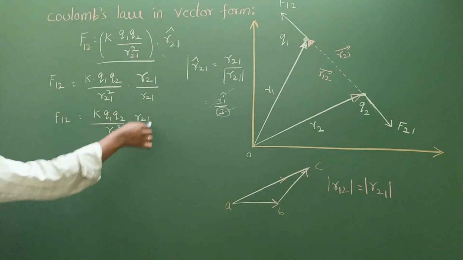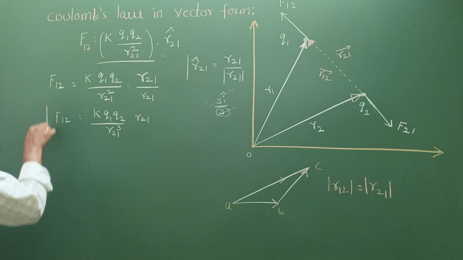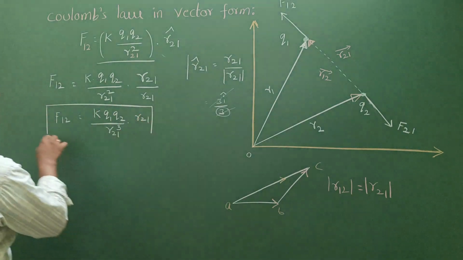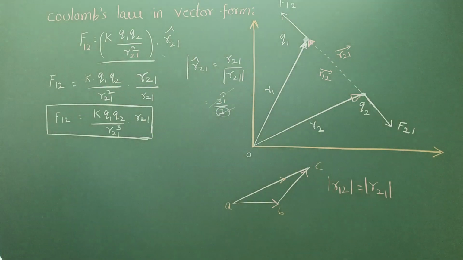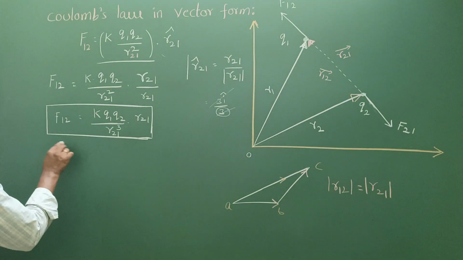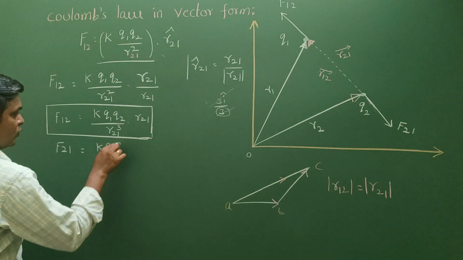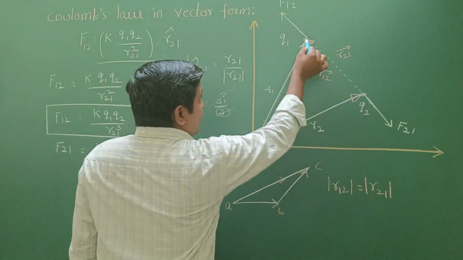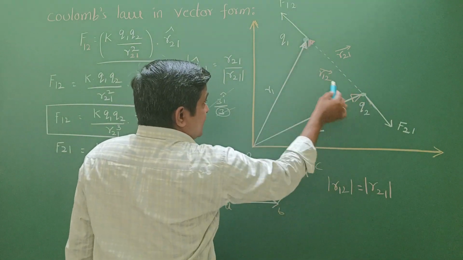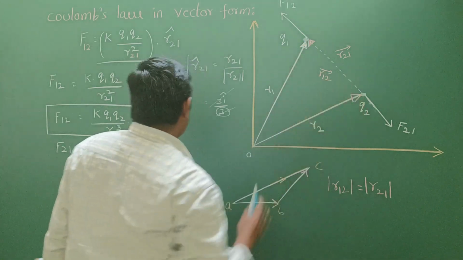If you extend that, you are going to get it this way. So what is going to be that one now? It is that. And if you write force on the first charge, what about force on the second charge? Force on the second charge by the first charge is equal to K Q1 Q2 by, similarly, when you are talking about force on Q2 from Q1, you are taking the distance R1 to 2, because from 1 to 2 you are writing.